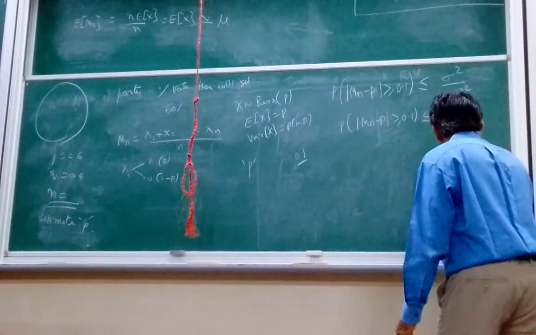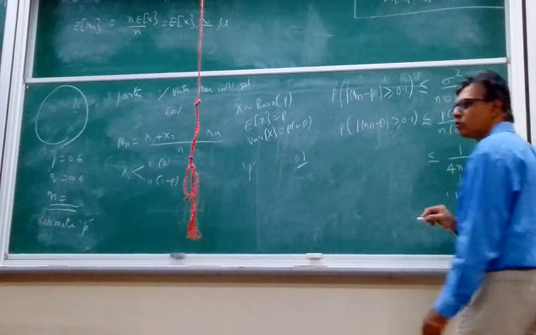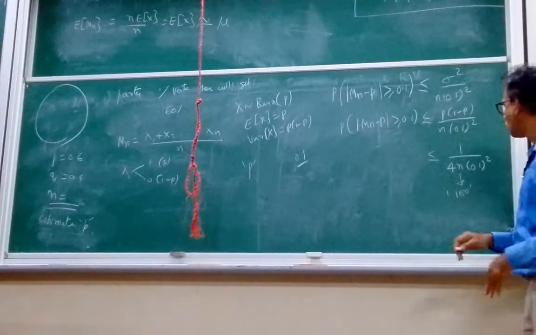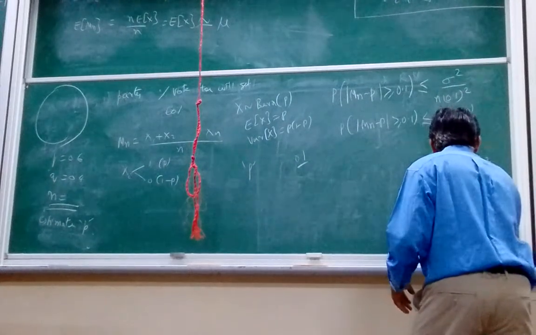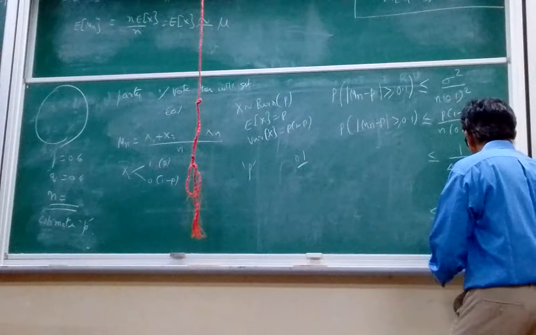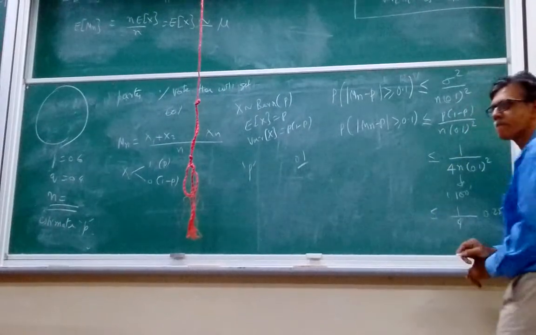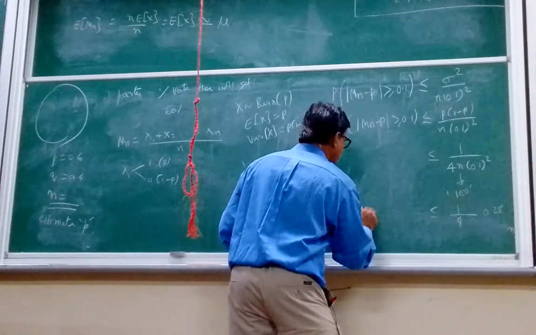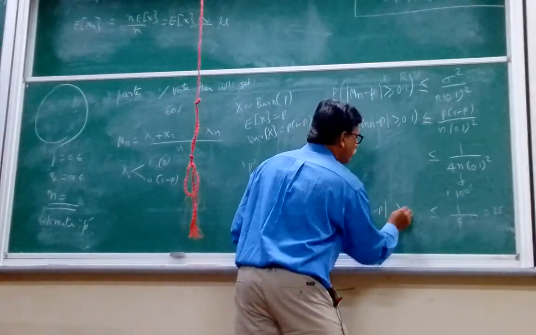So if you take n equal to 100, that is you take 100 people in a big city constituency and take a vote, then you will get 1 over 400 for sigma squared by n, that is 1 by 4 over 100 epsilon squared, which is 0.25. This is the probability that |M1 minus p| is greater than or equal to 0.1.